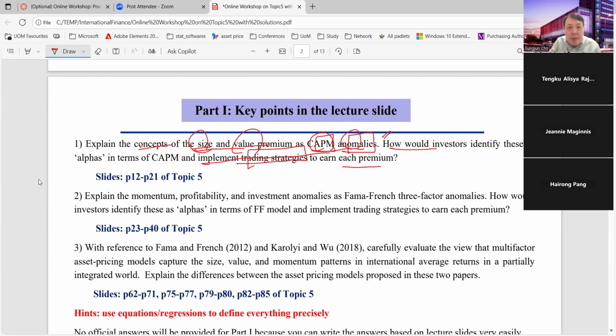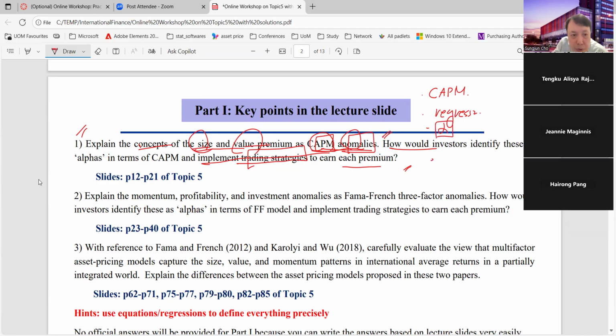So in summary, in order to answer these kinds of questions, since this question is talking about CAPM anomaly, you have to start with defining the meaning of CAPM, and then you have to explain the CAPM anomaly using the regression model. And then you need to show the meaning of alpha here.